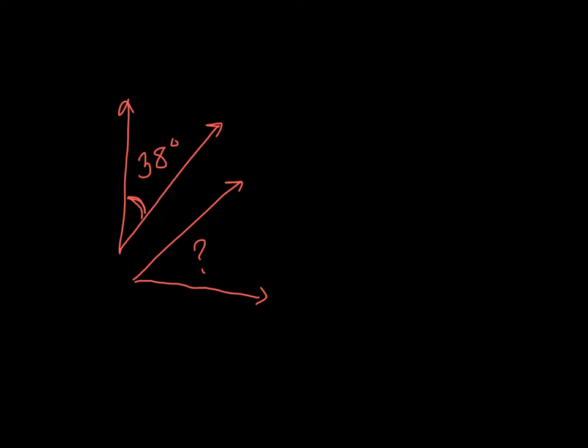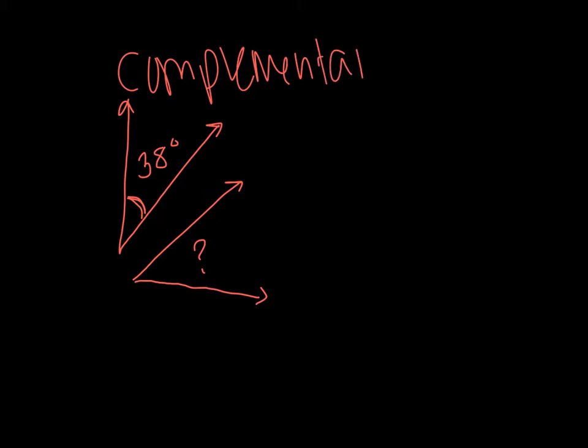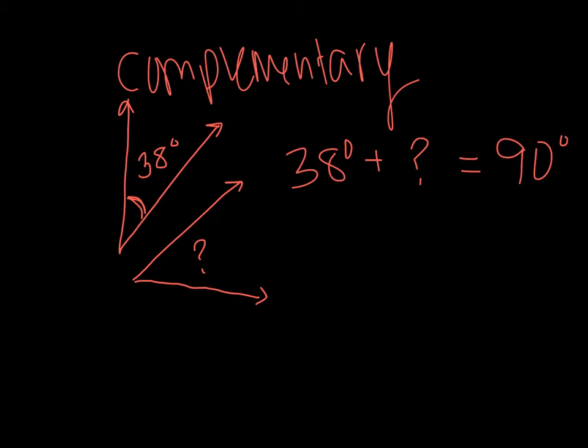So let's go ahead and take a look at this problem. So once again, these two angles are complementary, which means they're going to add up to 90 degrees. So if we know that this first angle here is 38 degrees, so I'm going to have 38 degrees plus some angle is going to equal 90 degrees, because remember, sum means add.